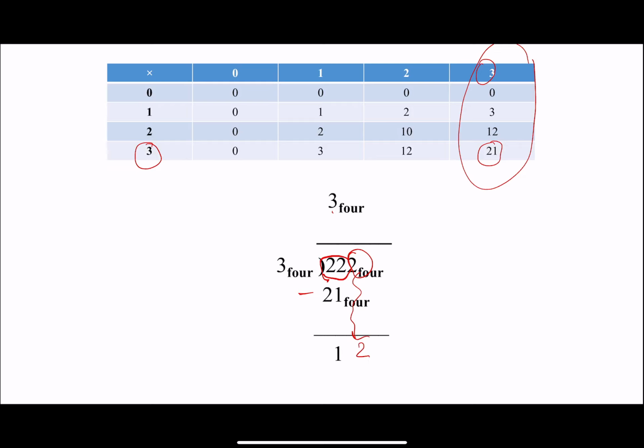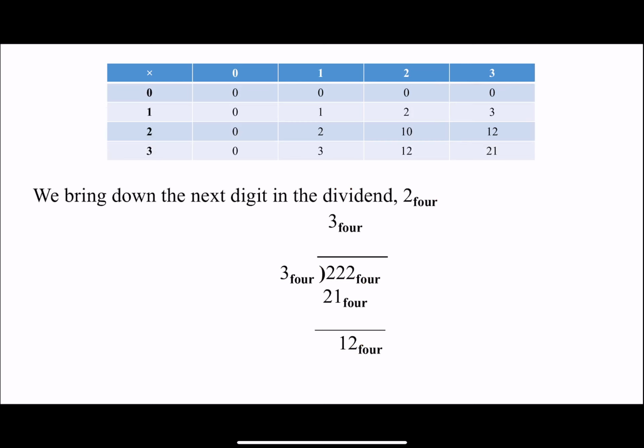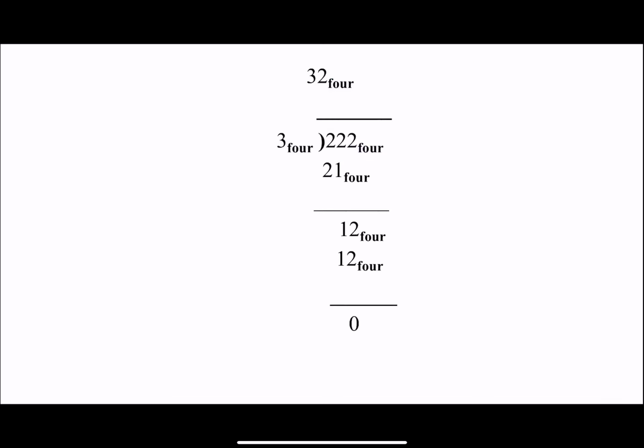Now I have 2. I look for the largest product equal or less than 2, and 2 multiplied by 3 gives you 2. I did the subtraction and got 0. So the remainder is 0, and the quotient is 3 2 base 4.